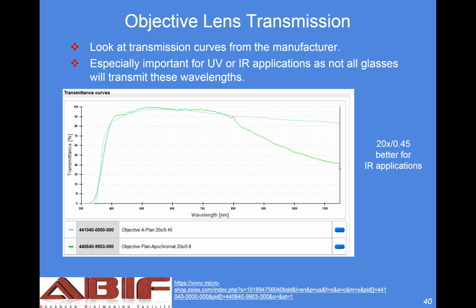So if you have an application where you're doing intravital imaging on a multiphoton microscope, you might be better off with the lower NA lens because it's going to detect more light. So the microscope companies either put these curves on their website, or if you're buying a lens, you can ask them to supply that information to make sure it's going to meet the needs of your application.